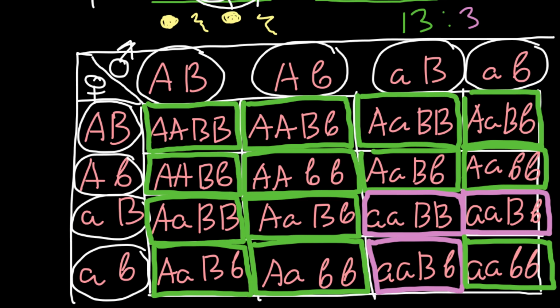Once again, this is an example where we have two genes, two loci, and one locus produces purple accessory pigment, and another locus controls it, or we say is epistatic, to this gene.